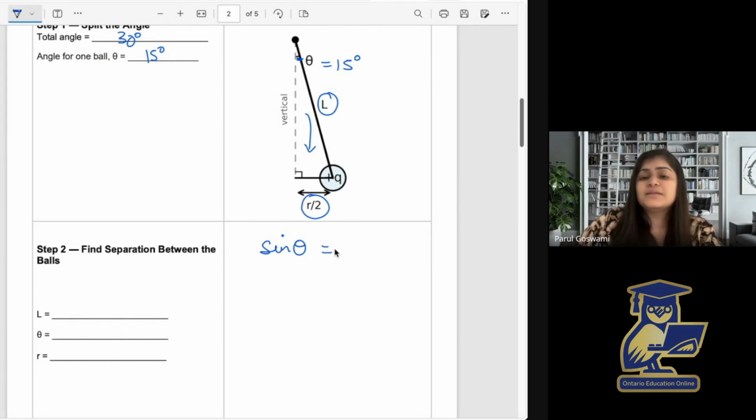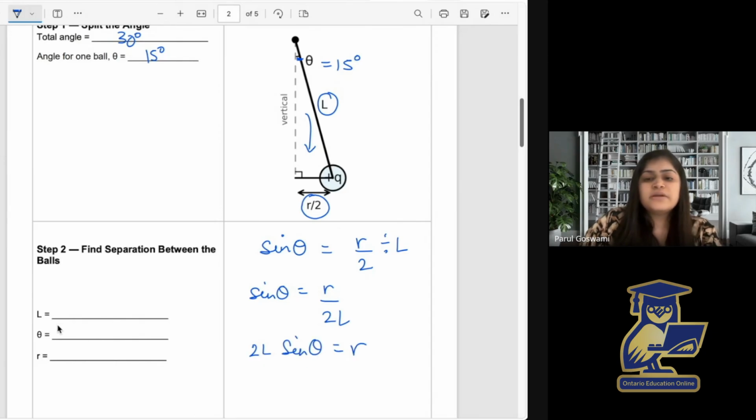Sine theta is opposite over hypotenuse, and opposite is r divided by 2, divided by hypotenuse, which is L. So we can write sine theta as r by 2L, and r will become 2L times sine theta. So we can write the relation r equals 2L sine theta.